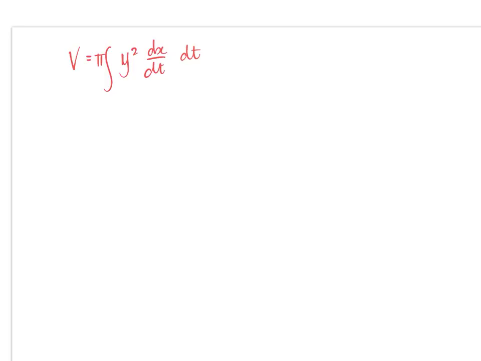Right, so the volume is going to be pi in between 0 and 1 because we worked out the limits before. y squared is 1 over (1 plus t) all squared, multiplied by 1 plus 2t, so that's your dx by dt with respect to t.